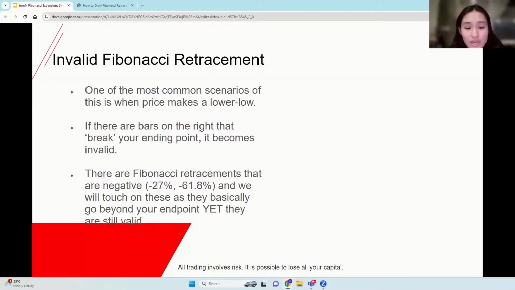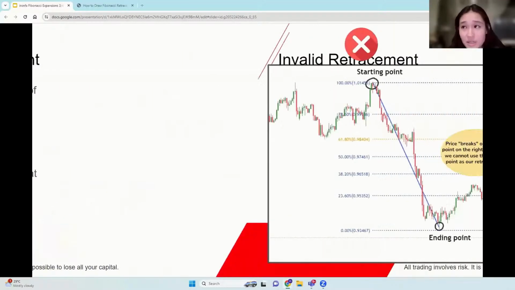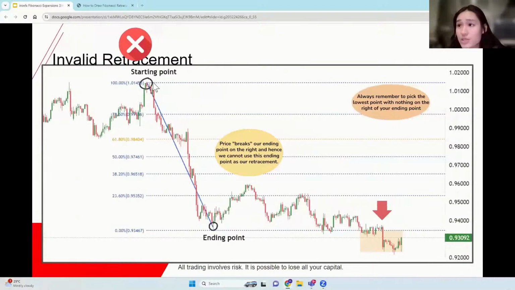But if we are using a retracement, I'll show you guys the example here. If we're using a retracement from this starting point to this ending point, and we're looking for a mid-range, then this area, since it breaks out of the ending point, is no longer considered a valid retracement. So price breaks our ending point on the right, and hence we cannot use this ending point as our retracement.